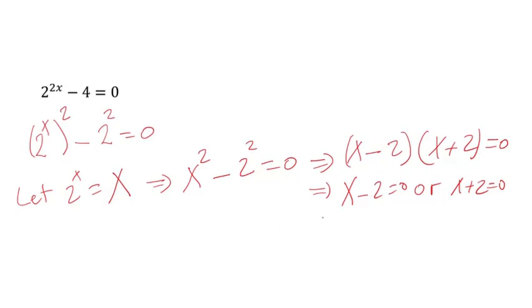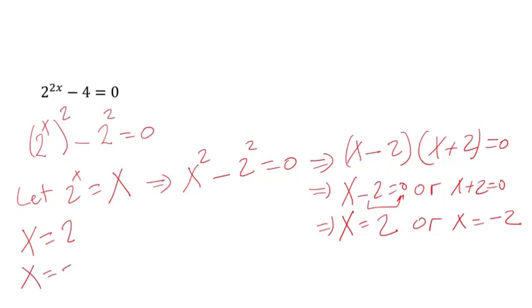So that means big X equals 2, moving it to the other side by changing its sign, or X equals negative 2, again moving it to the other side by changing its sign. And what is large X?